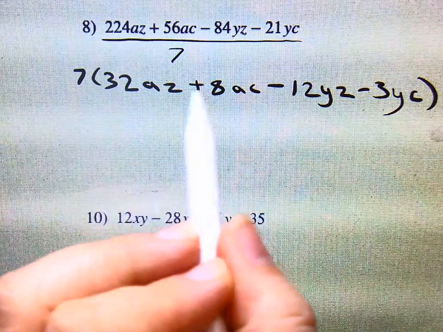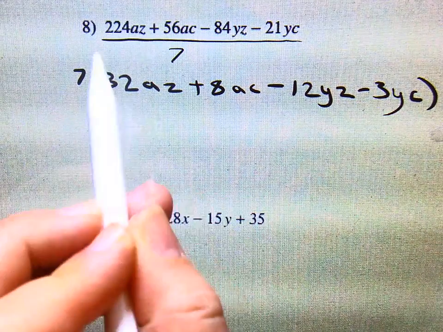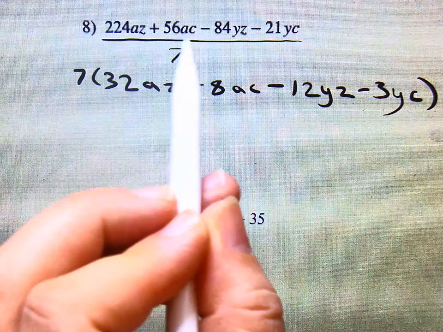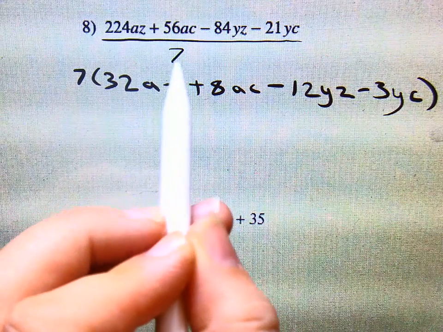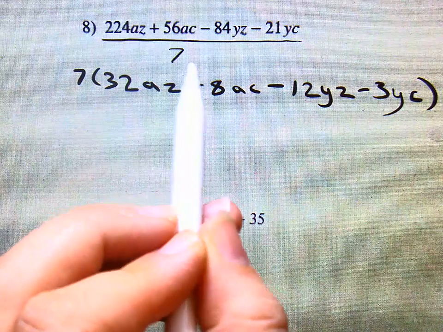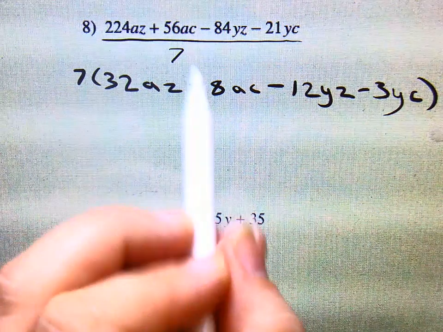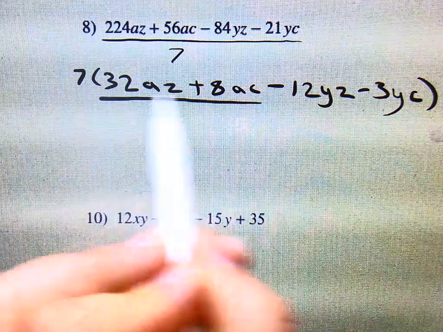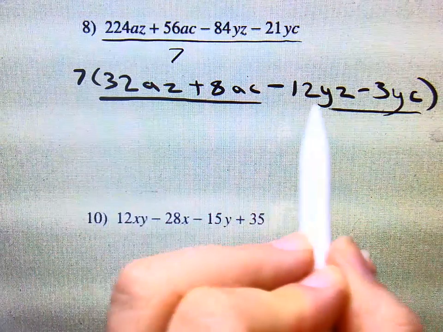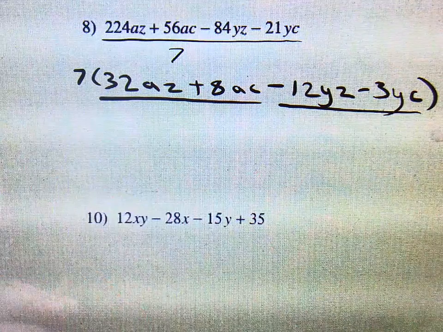So you can actually divide all 4 of these by a value. Sometimes the value of a constant and a variable, sometimes just a variable, sometimes just a constant in this situation. So now I can actually start doing my grouping of my 2 values.